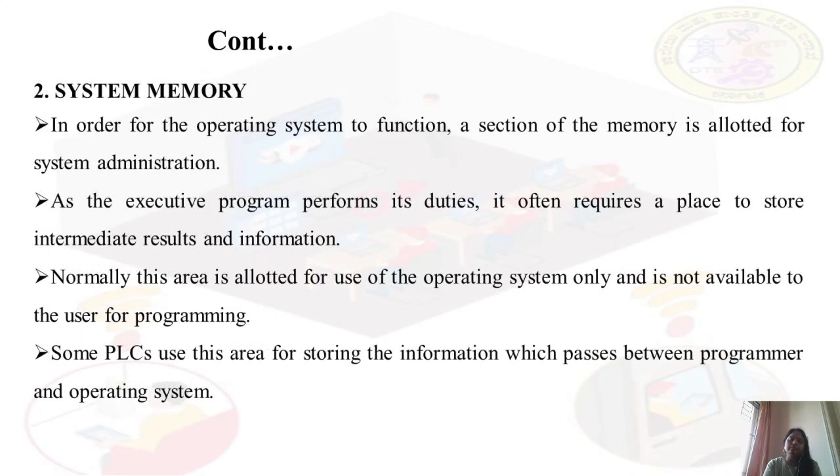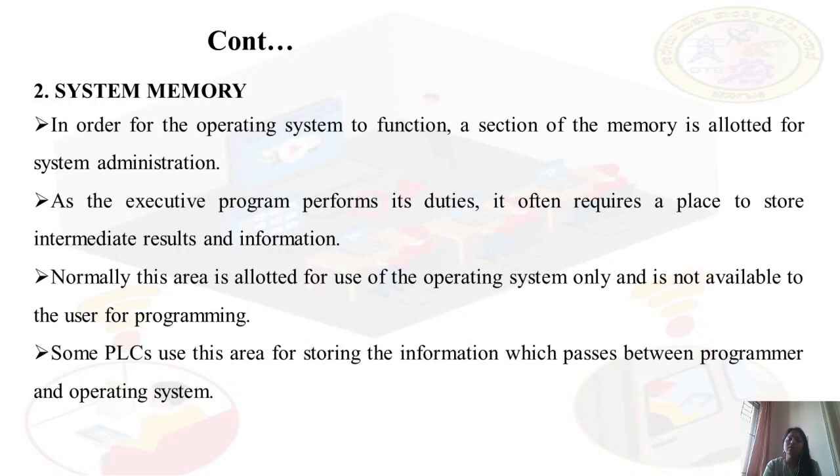The second memory we have is the system memory. What is system memory? In order for the operating system to function, that is your executive memory, a section of memory is allotted for system administration. For system administration, we have some form of memory that is called system memory. As the executive program performs its duties, it often requires a place to store intermediate results and information.